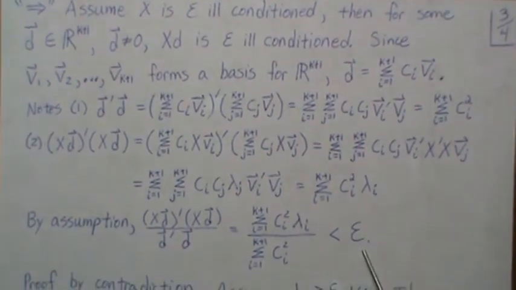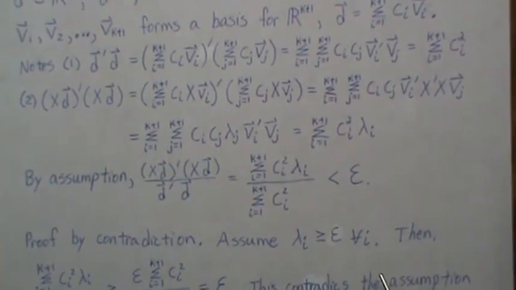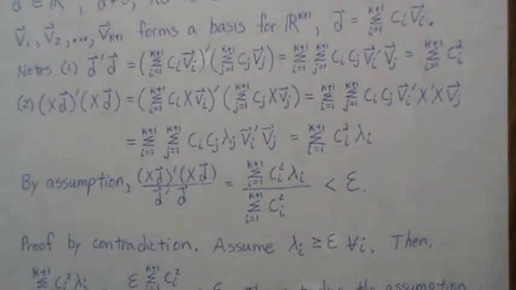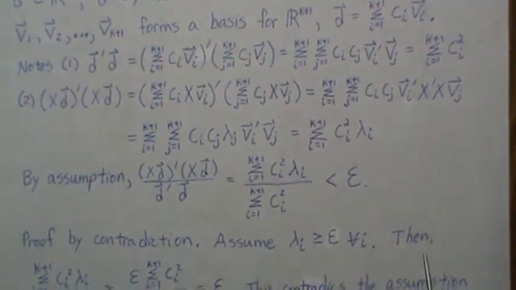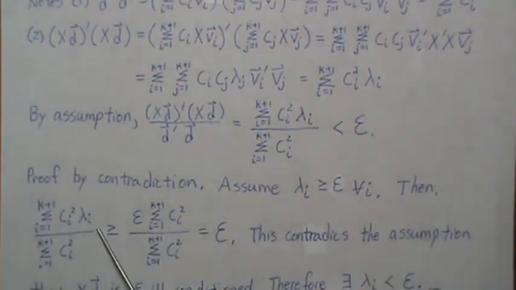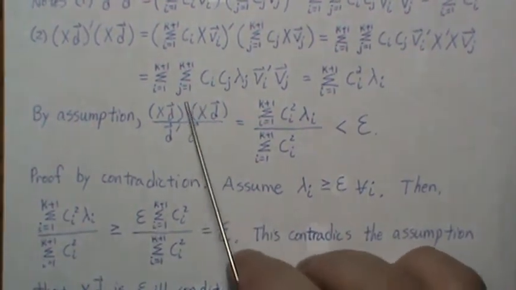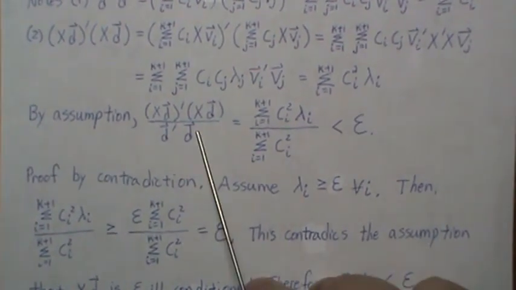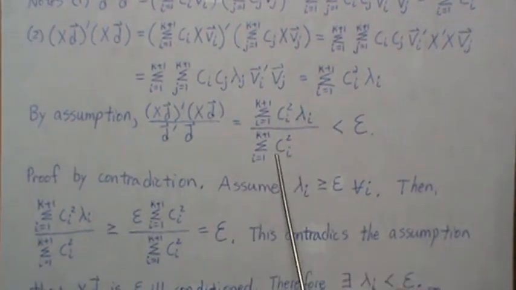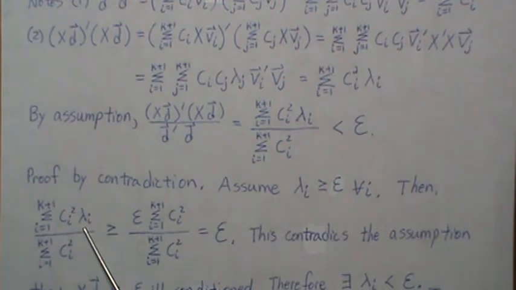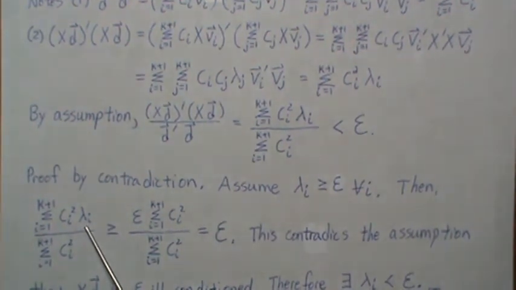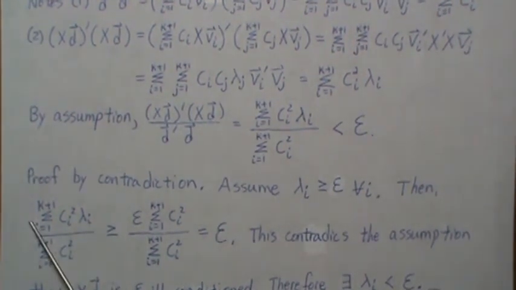And now we're going to prove by contradiction that there's an eigenvalue less than epsilon. So proof by contradiction, we're going to assume that every eigenvalue is greater than epsilon. Then this, right here, which is ill-conditioned, is equal to this and that. So it's equal. Now, since every eigenvalue is greater than epsilon, let's put in epsilon here. And then since it's not indexed, take it out.